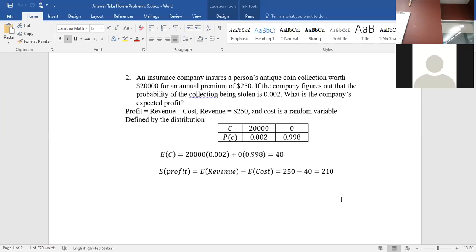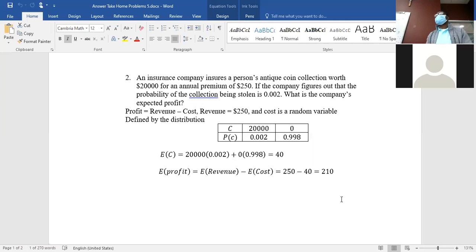So you will do 250 minus 20,000, which is the cost. If the item is not stolen, the company makes $250. You can use this method too, and you will get the same answer.